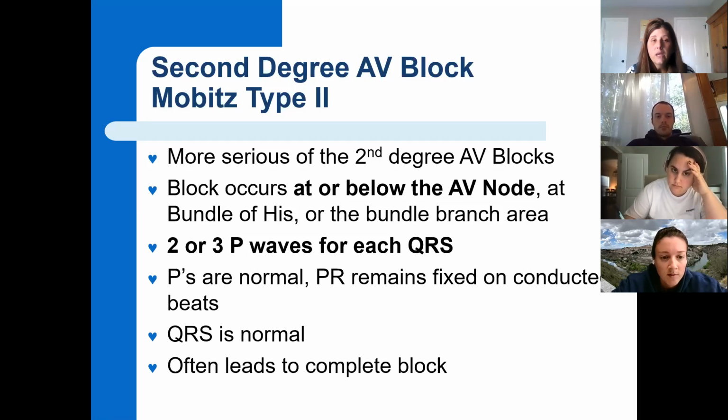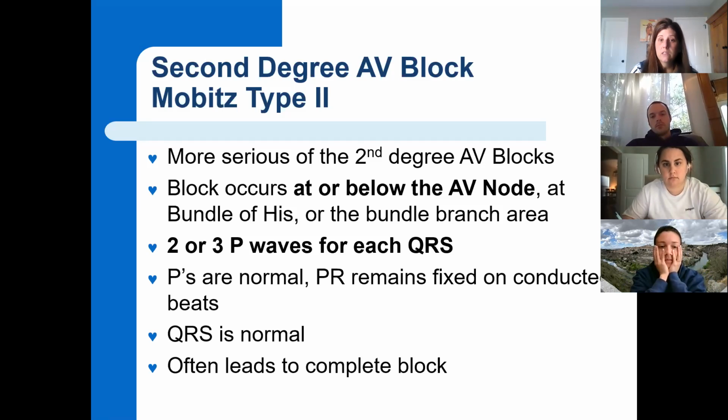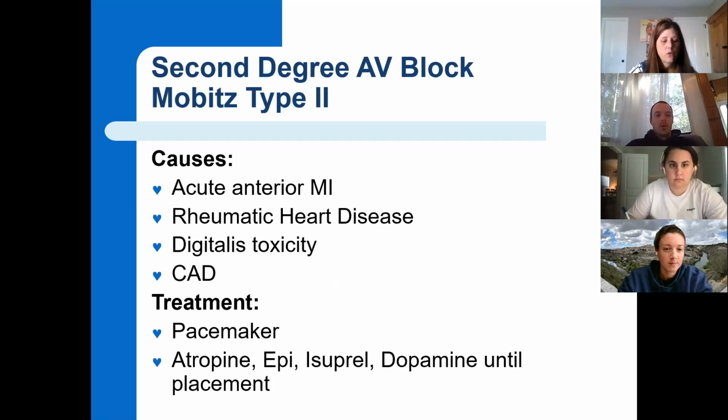So again, P's and QRSs are going to measure normal when they occur, but there's going to be more P's than there's QRSs, and this is more serious than a second degree type 1, okay? Here are some of your causes and your treatments. Keep in mind that this can actually deteriorate into a more serious situation.